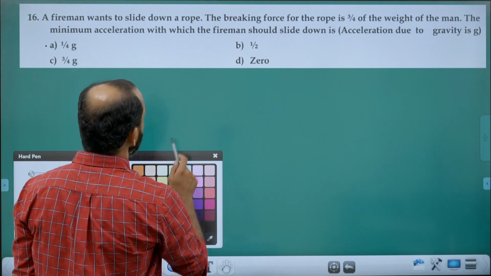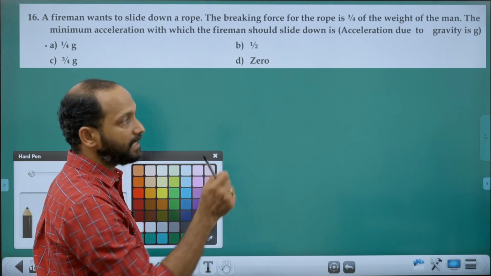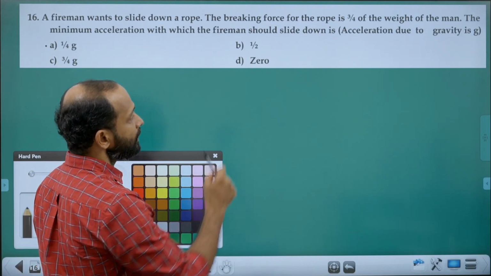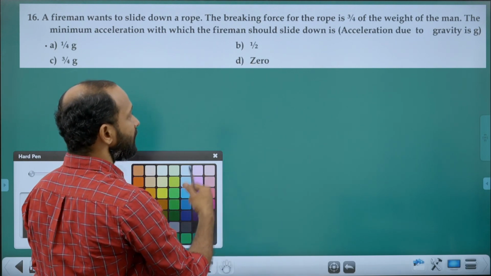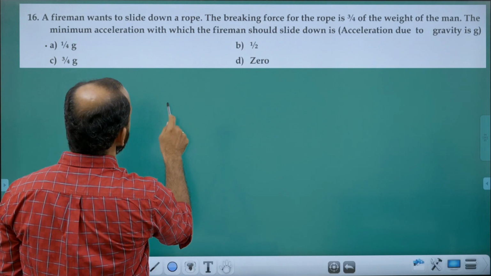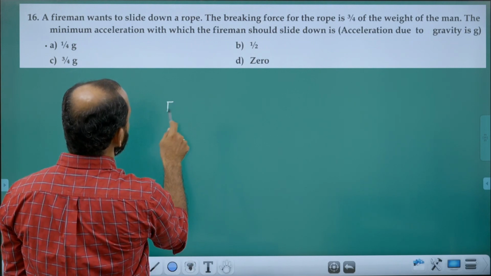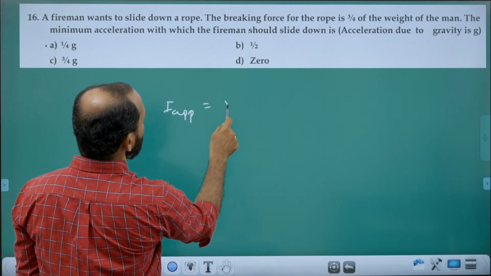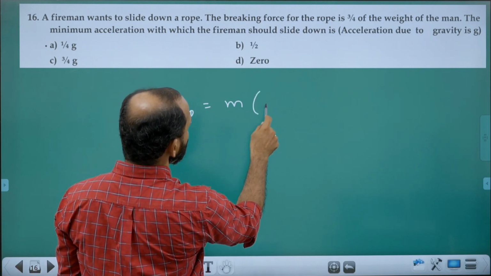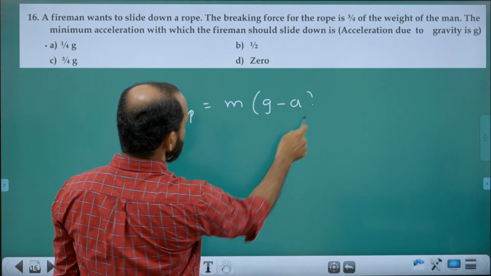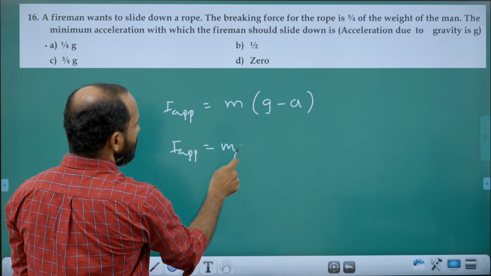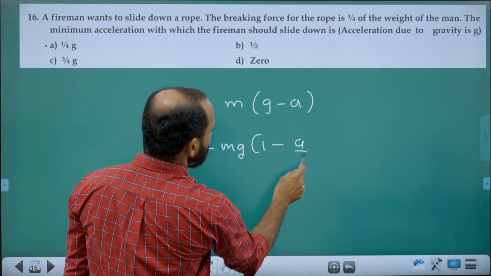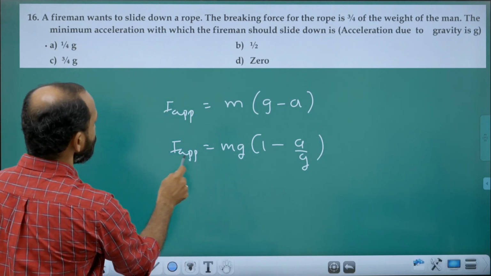Here we can use the concept of apparent weight, which is the tension of the rope. The tension of the rope when the fireman is sliding down with the minimum acceleration acts as the apparent weight. So the tension of the rope, or apparent weight of the man while accelerating down, is m into g minus a. You can write F apparent equal to mg into 1 minus a by g. This shortcut can be used directly.